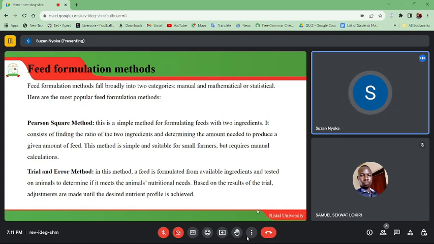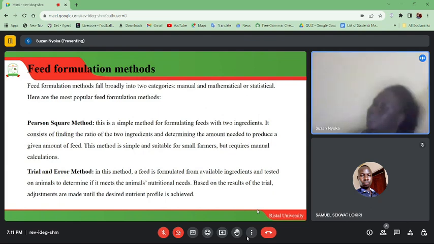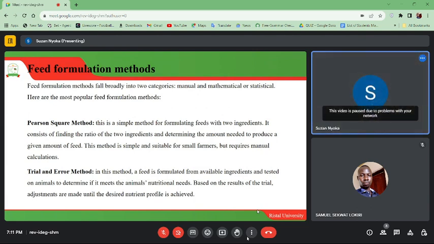This method is simple and suitable for small farmers but requires manual calculation. In this Pearson square method, you use the protein level you want the feed to be and how much you need the vitamin to be. You need only two ingredients.